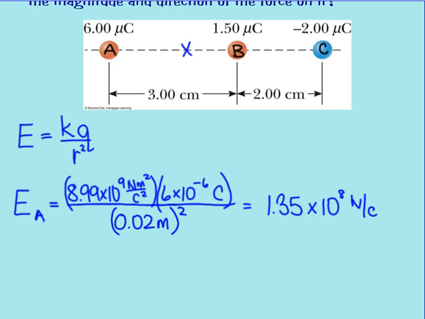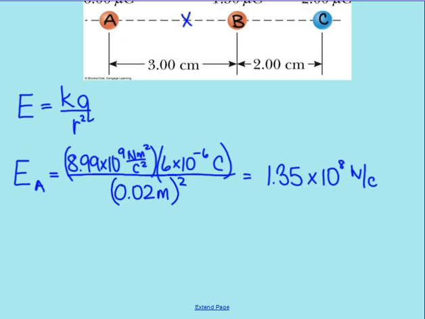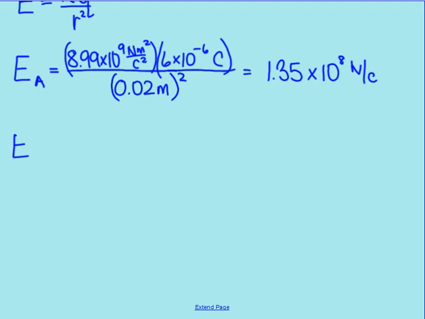Moving on to B. With B, the charge will change to 1.5 microcoulombs, and the distance will change to 1 centimeter instead of 2 centimeters.